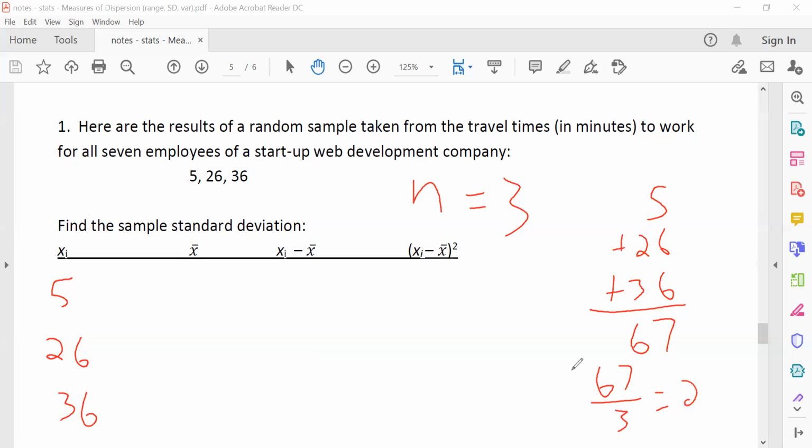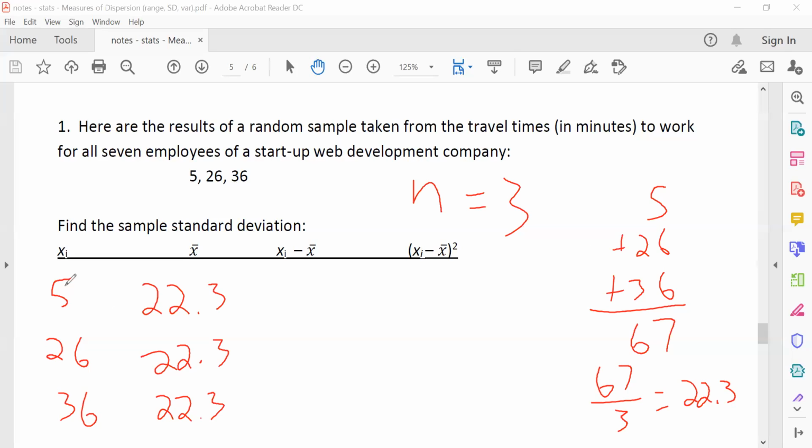And that's going to give you 22 point, and then it's 3's repeating. So let's just round to, how about 1 decimal? That works for me. So the mean of this sample is 22.3, we're rounding. We'll just fill it into the table here.